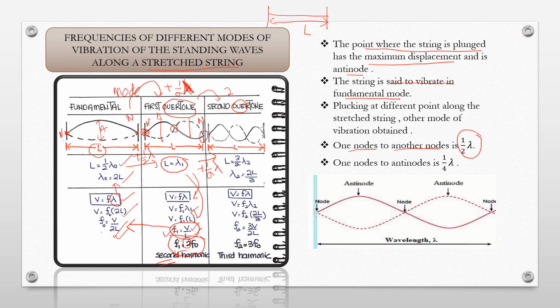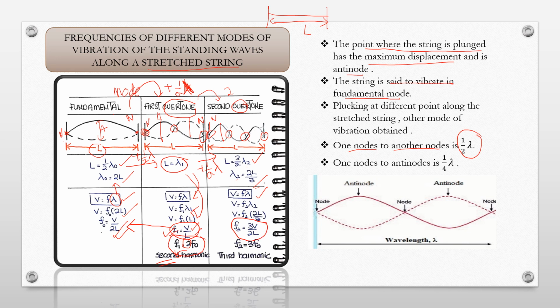Here, this is a node, node, antinode, node, node. So you add another half lambda and you get the length equals 3 over 2 lambda. So lambda is 2L over 3. In the same way, v equals f lambda, so you get the frequency 3v over 2L.